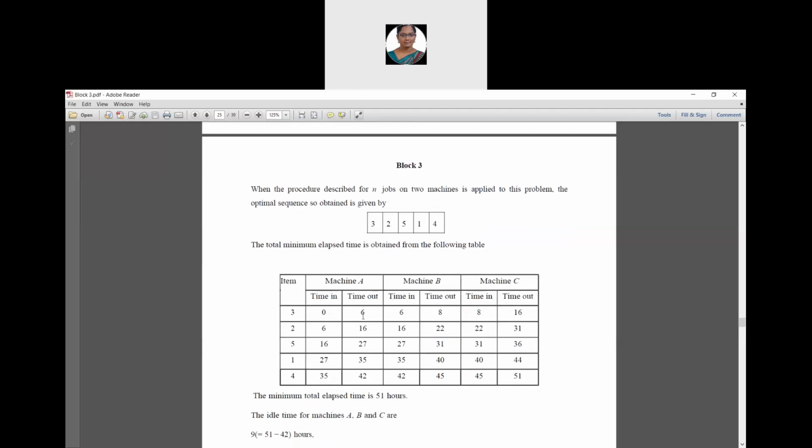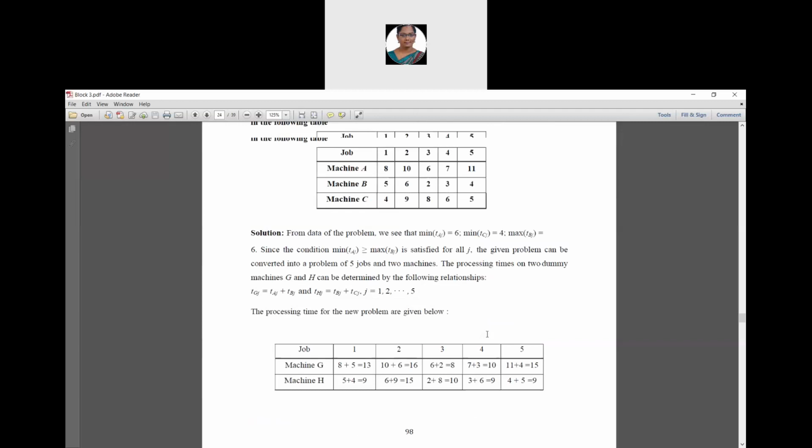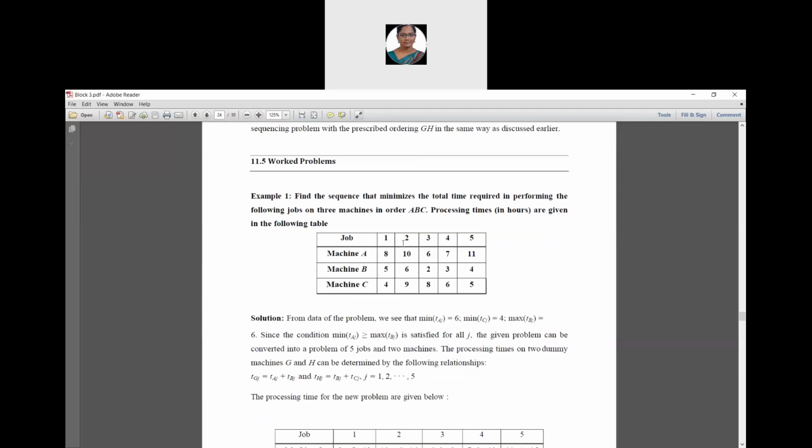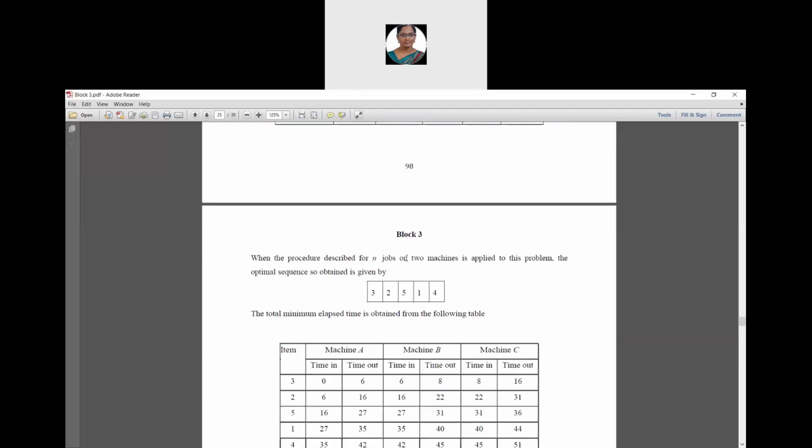Now we write this out value here. So 6 for in value, and for out, we add 6 plus the processing time for job 2 in machine A. See here, for the second job, the processing time for machine A is 10. So 6 plus 10 is 16.